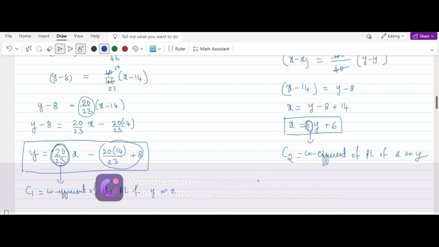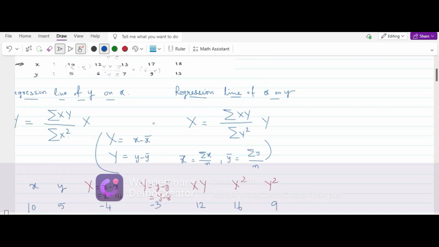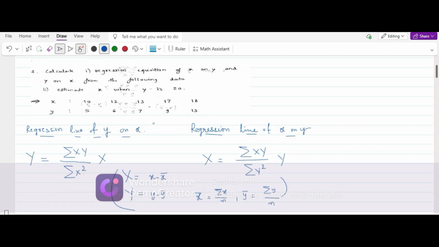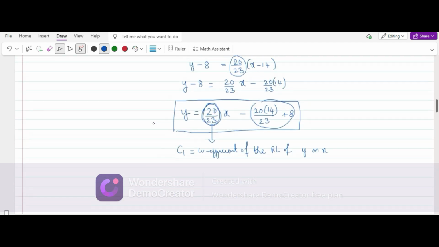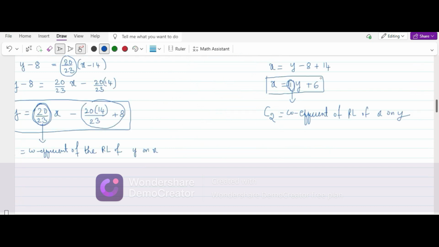Now, how can you calculate the coefficient of correlation? But here, in the question, they ask you to find only the regression lines. So they ask only regression lines means these two are enough. This is the regression line of y on x, and this is the regression line of x on y.